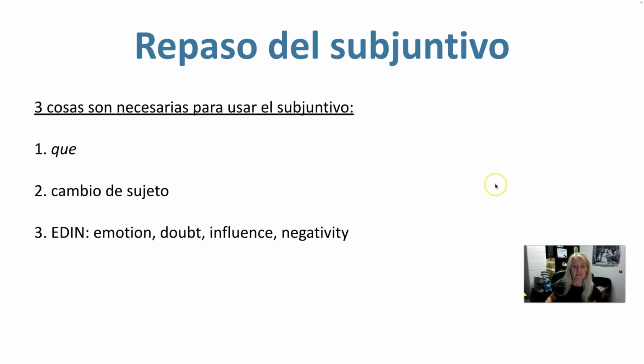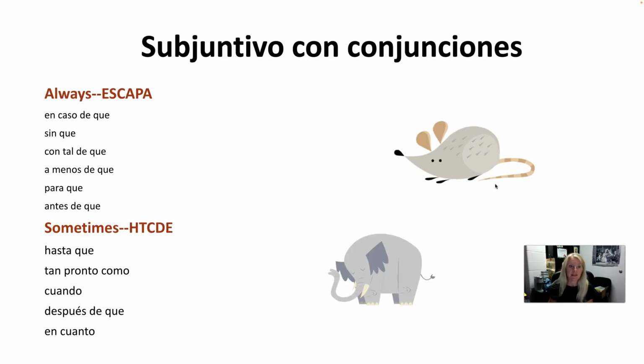These are the three things necessary for those classic examples of subjuntivo, the ones we started out with when we first started studying this verb mood. Then things got a little more involved when we went into subjuntivo con conjunciones. We got into the subjunctive with conjunctions, and we learned certain conjunctions that always require the subjunctive, and we learned a list of conjunctions that sometimes require the subjunctive.